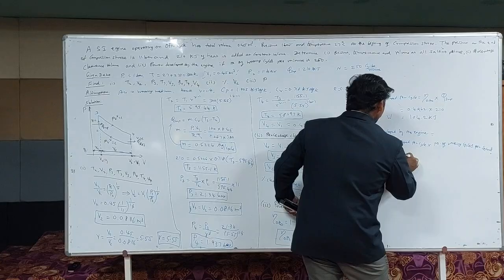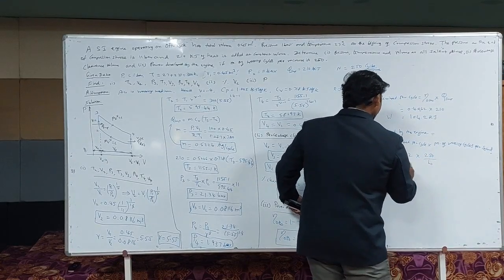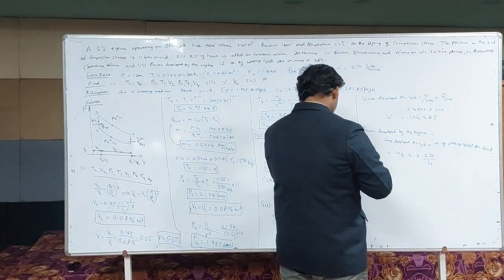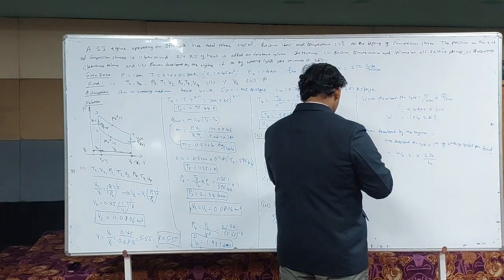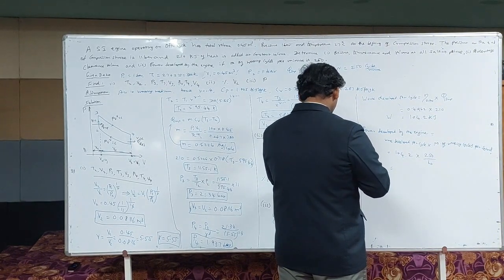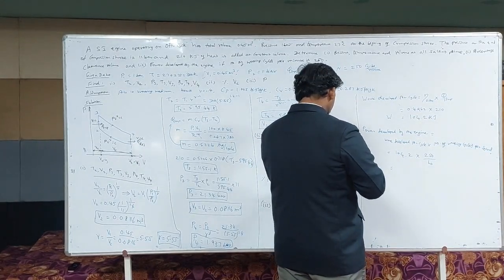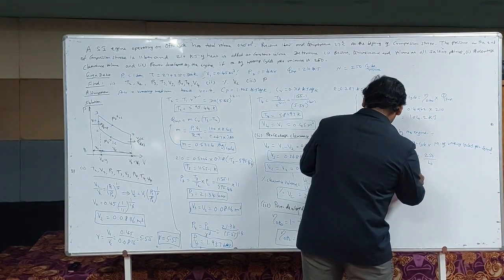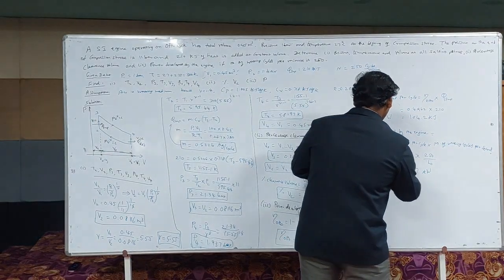So 104.2 into 250 by 60 is equal to 434.17 kilowatt. So this is the power developed.